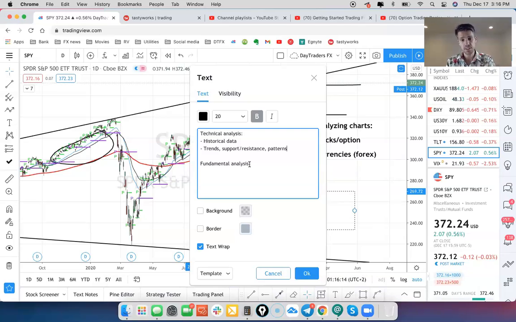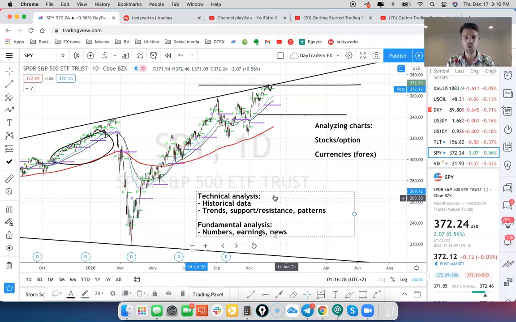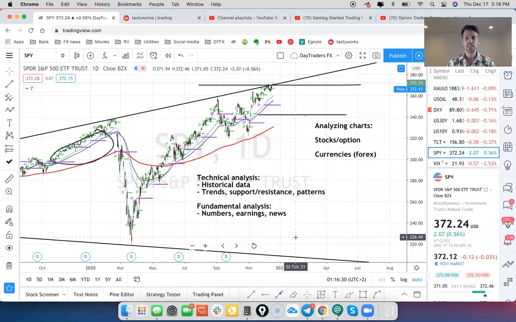Fundamental analysis is going to focus a bit more on the fundamentals: numbers, earnings, basically news. What are the details that we can get? What are the metrics of the market that we can get? That's where our fundamental analysis comes from. And technical analysis is just saying, hey, I don't care about the news, I don't care about the numbers, I don't care about anything. I'm just going to look at what I can see on the charts.